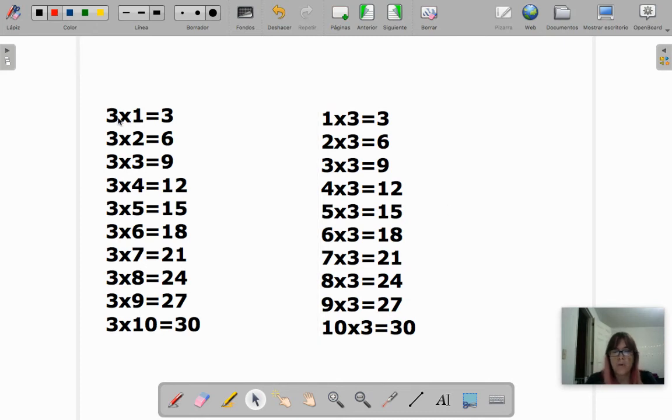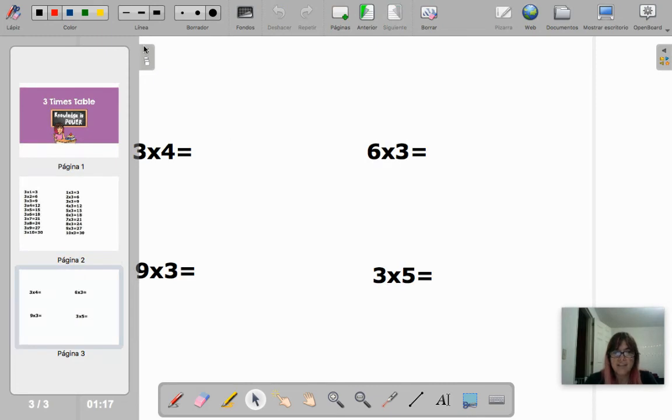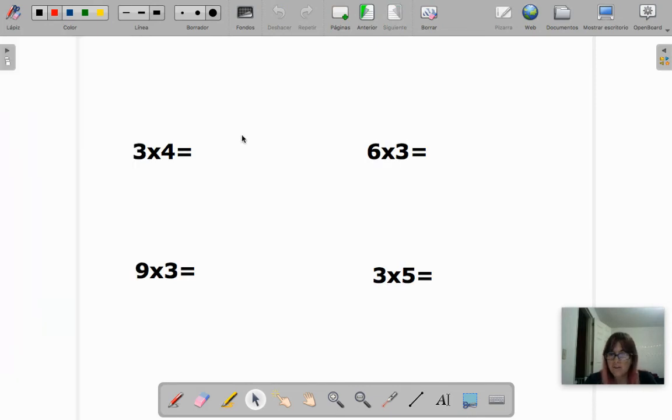So remember, it's the same if you say 3 times 1 or 1 times 3. Okay? Now that you remember that, it's time to practice. And that's what you're doing in your Google Slides for independent work.